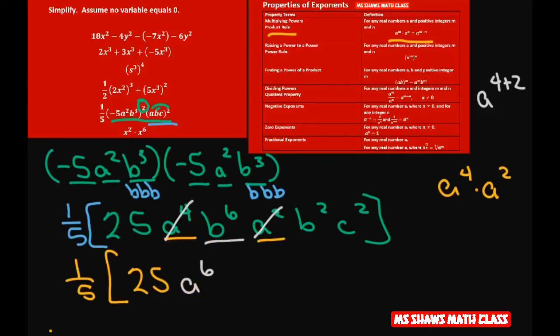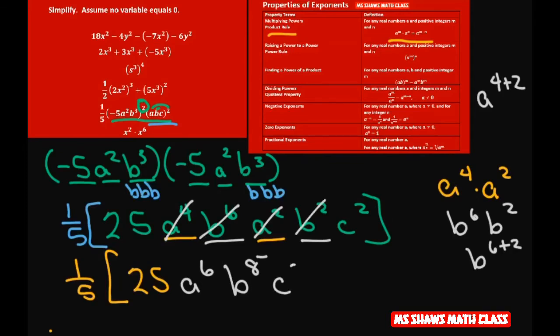And b, same thing. B to the 6th times b to the 2nd power is b to the 6th plus 2, according to our product rule. So that's going to be b to the 8th. And then we just have c squared.